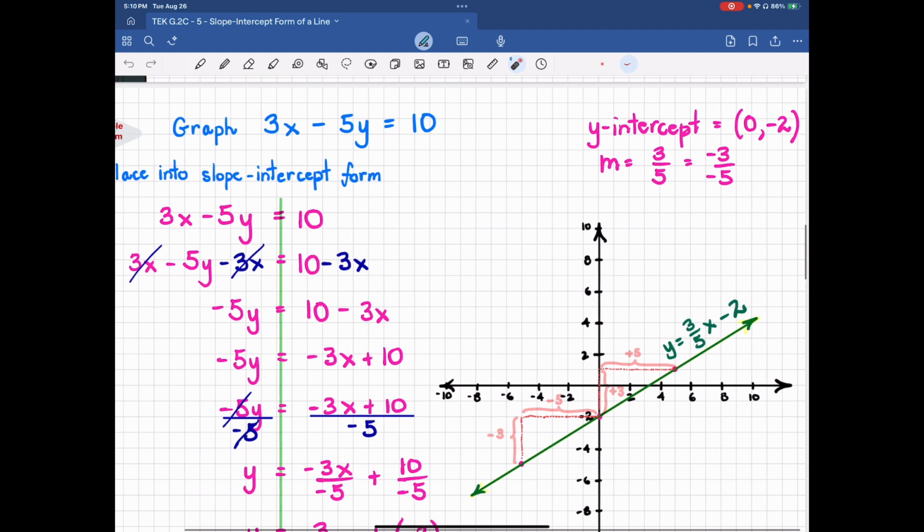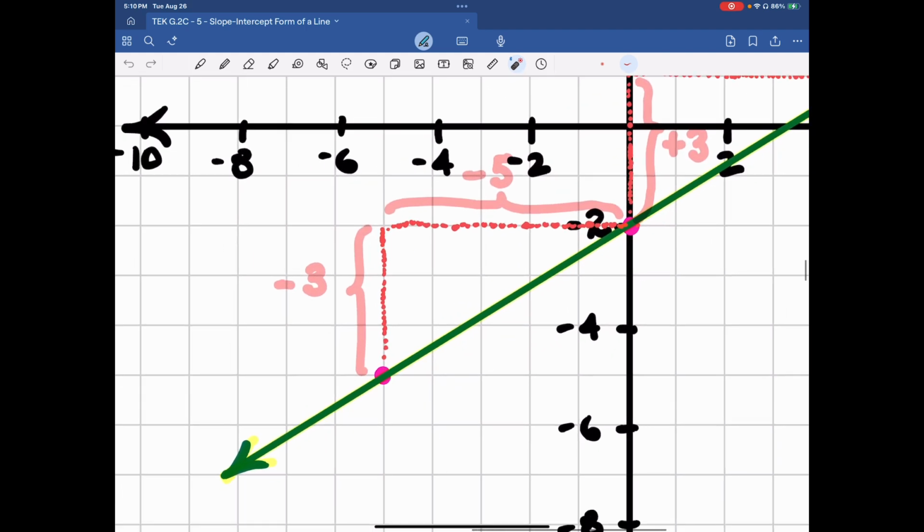So I'm going to go back over to where we looked at our graph. And so I'm going to put our y-intercept at negative 2. And I'm going to do my rise, which is a negative 3, which means I go down 3. And my run is a negative 5, which means I go backwards 5. So this is 3, 4, and 5.